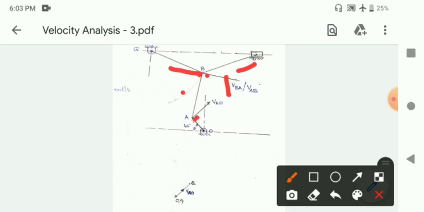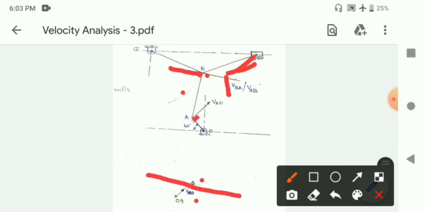Now in the velocity diagram, you have point A. From point A you draw a line parallel to this line of action.